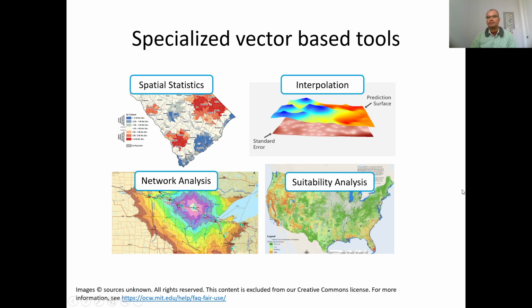And you can even convert your point data into a continuous surface using interpolation tools, where you can predict values for unknown locations based on known location values. You can do suitability analysis by integrating multiple layers with different vector-based tools, where you can build complex models in order to perform suitability analysis.